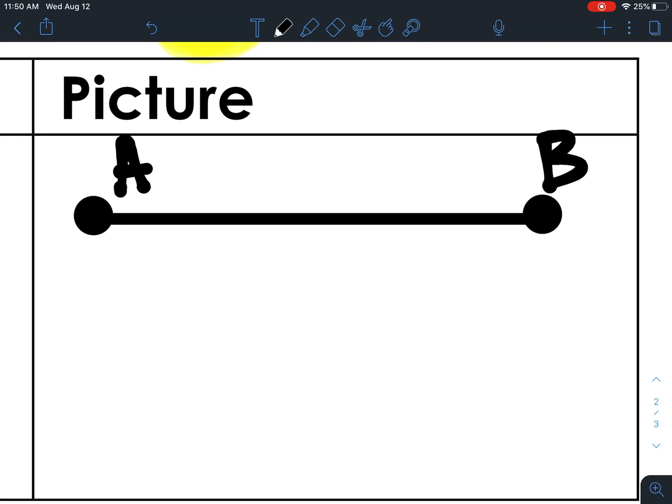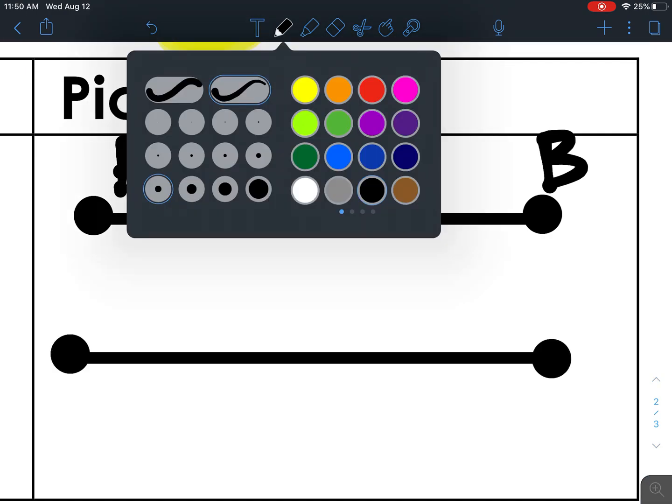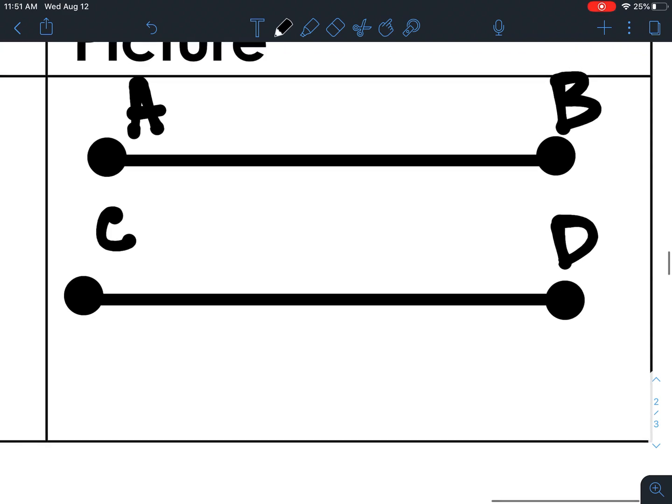Now, I'm going to make another segment that appears to have that same length. Put those endpoints on there, call them C and D. I'm going to tell you guys that these two segments are congruent. There's two ways to communicate that. The first one is on a picture.